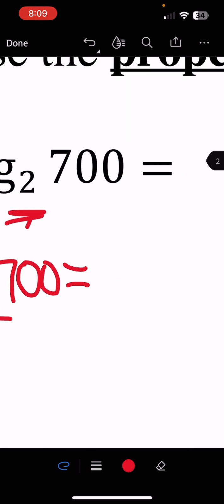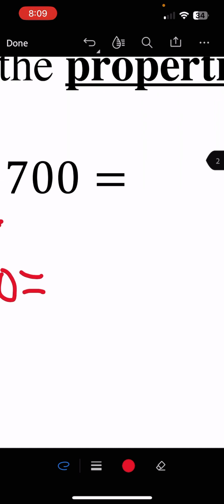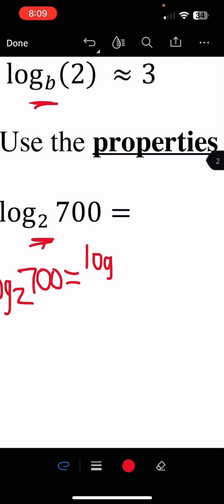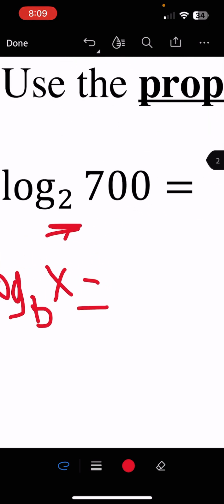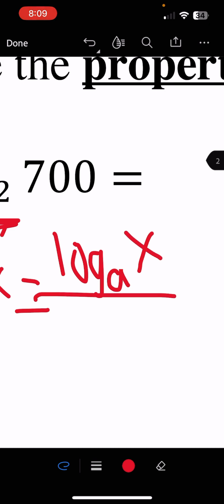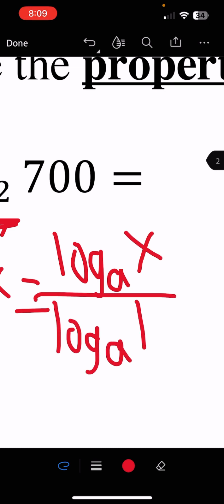So what I would start out by doing is log 2 of 700 is equal to, sorry, I'm going to write the parent equation first. So this would be log base b of x is equal to log a of x divided by log a of b.